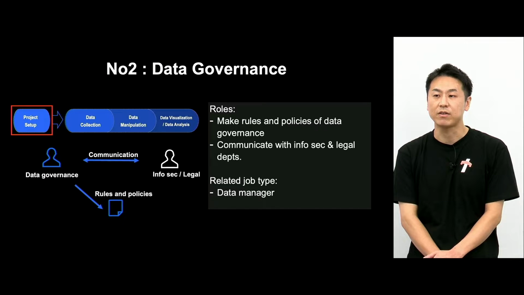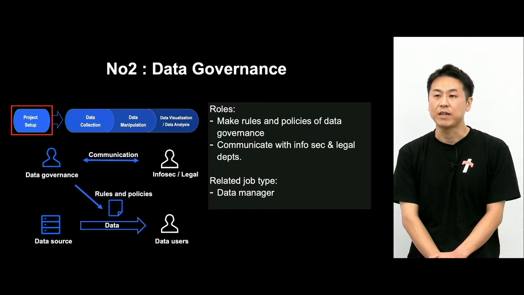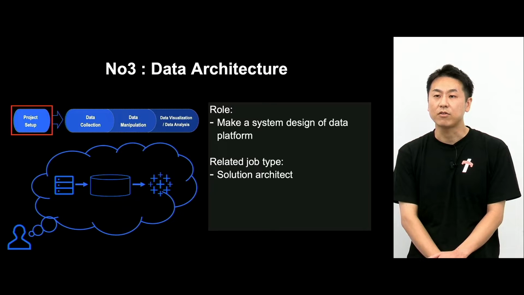We do have a dedicated security department and legal department to organize company-wide rules. Data governance first communicates with the related teams in the company to decide the rules for secure data usage within the project. And then the set rules should be applied from the beginning until the end of the entire project. So the related job type would be data manager.